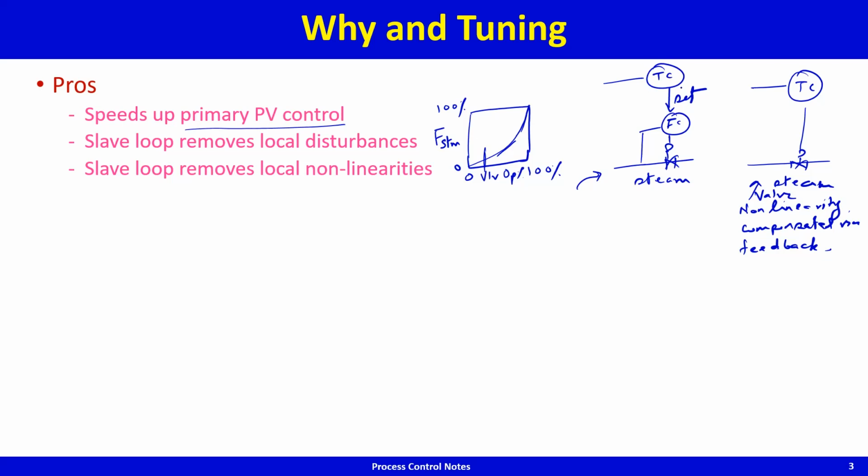See, as far as the temperature controller is concerned, assuming that the flow controller is very fast, and that is very likely because flow dynamics get affected, the time constants are of half a minute maybe, whereas column tray temperature responds to a change in the valve position of the steam, the time constant may be 5 minutes, 10 minutes, because the heat exchanger or the reboiler tubes must heat up, and then more heat gets transferred, and then more vapor flows, and that vapor flow is then perceived on the control tray, and then the temperature starts to rise.